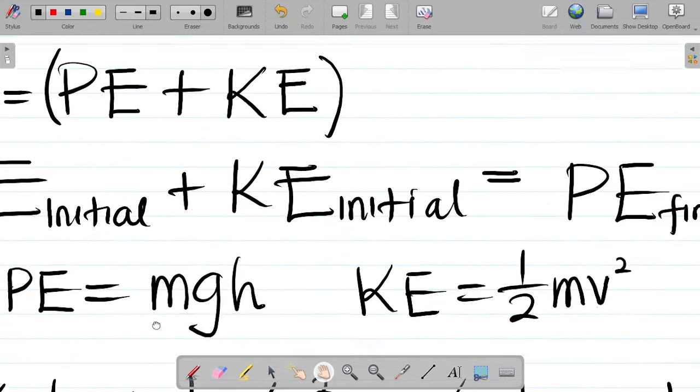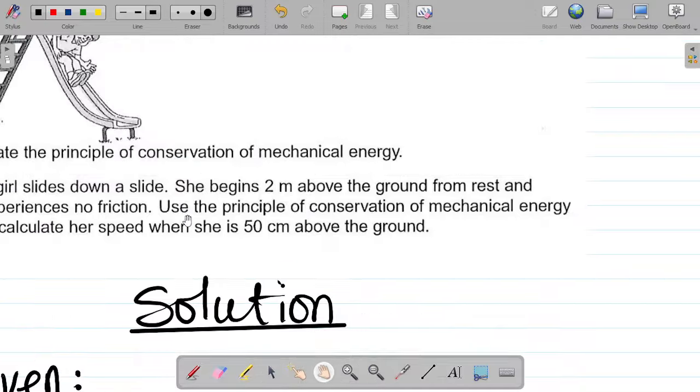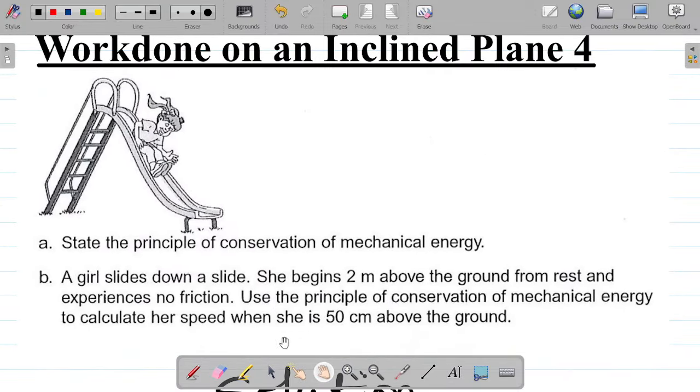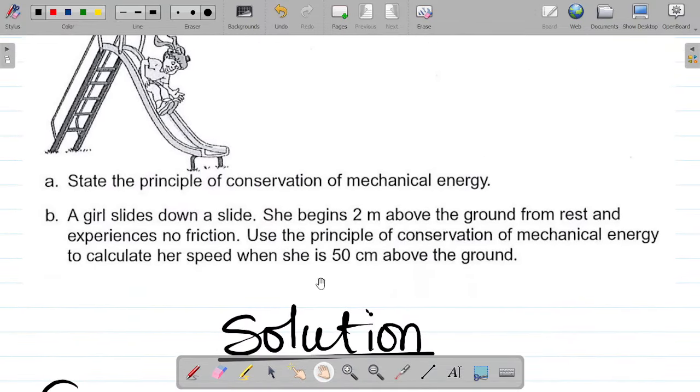All right, back to the question. Let me change these values a bit, and you solve it and leave your answer in the comment section. The question is this: a girl slides down a slide.